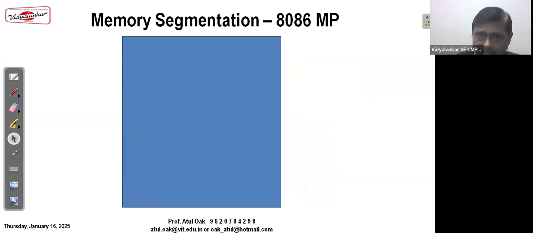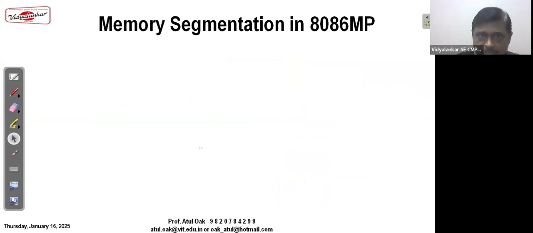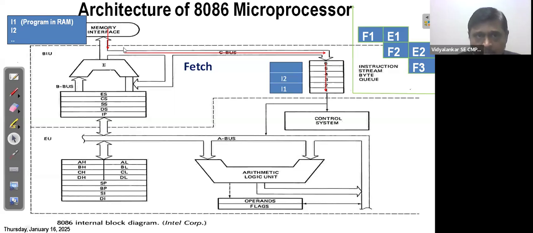Okay, let me go back. See this diagram. Your microprocessor, let me mark what I'm talking. This is what I'm talking. Okay, your microprocessor 8086 does not look at the memory as 1 MB. It looks at the memory in terms of segments of 64 KB.